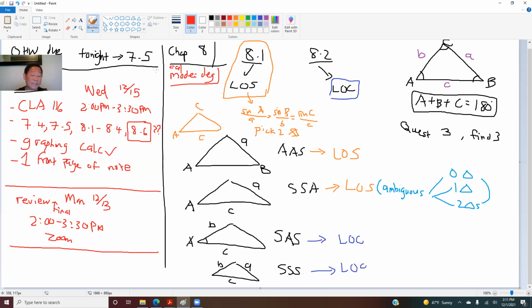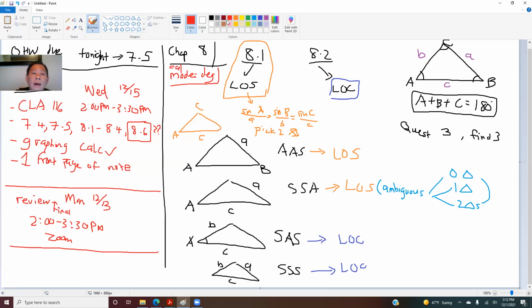So please take out your calculator and set the mode to degree and stay on degree, because otherwise you will be in big trouble if you change it to radian. I think your online homework for this chapter 8.1 and 8.2 will all be in degrees.